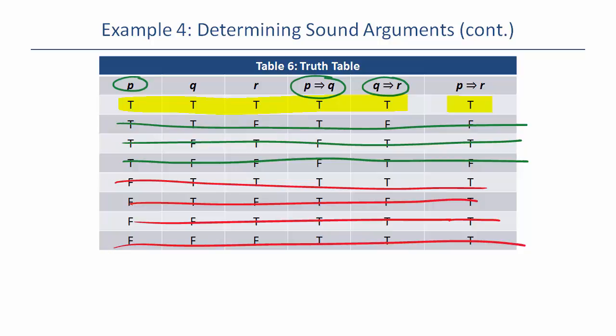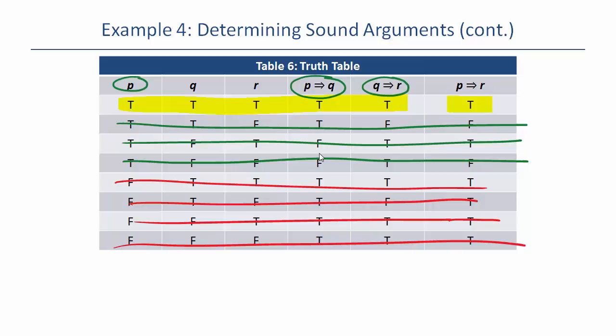This is really the technique that I teach students that's the easiest when you're trying to determine valid arguments: draw out your truth table, and then based on what you are given as true, just start scratching off all the rows where that thing is false. So if you're given that P has to be true, you can scratch off the bottom 4 rows. And then if you're given P implies Q has to be true, then you can scratch off these 2 rows because that's where it's false.